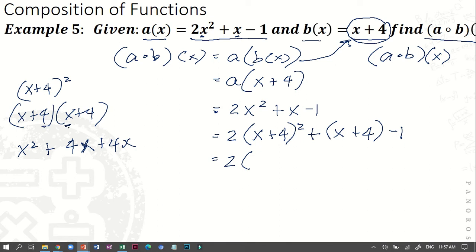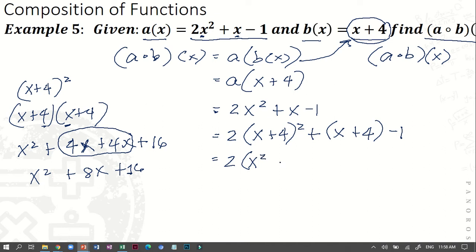So ito yon, 4 times x, plus last term, 4 times 4, 16. So combine similar terms, so we have x squared plus 8x, similar term ang 4x natin, they are similar, plus 16. So ito ngayon ang ipapaloob natin sa loob ng parenthesis.